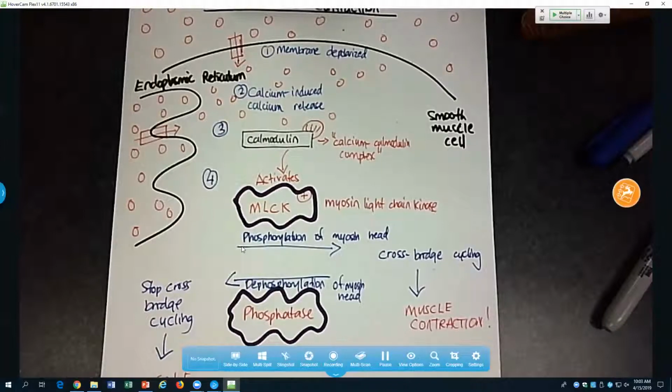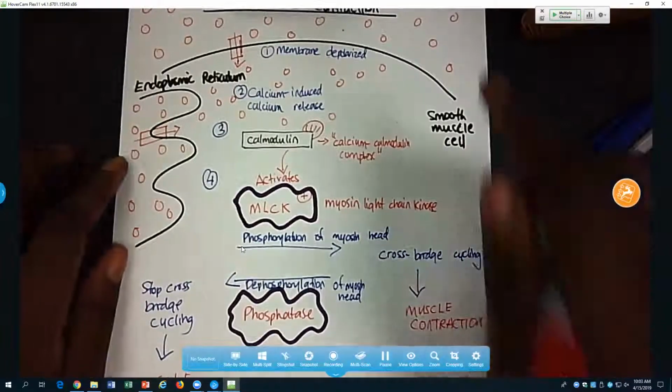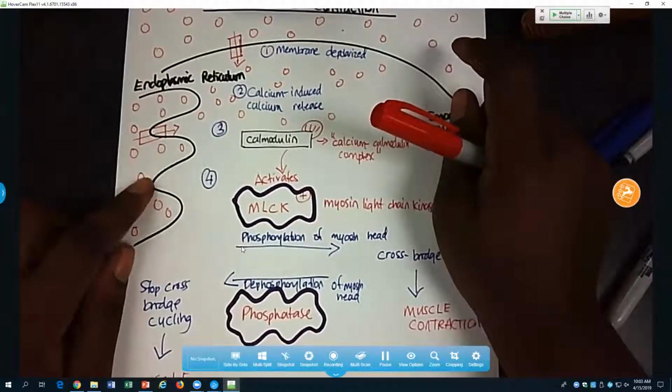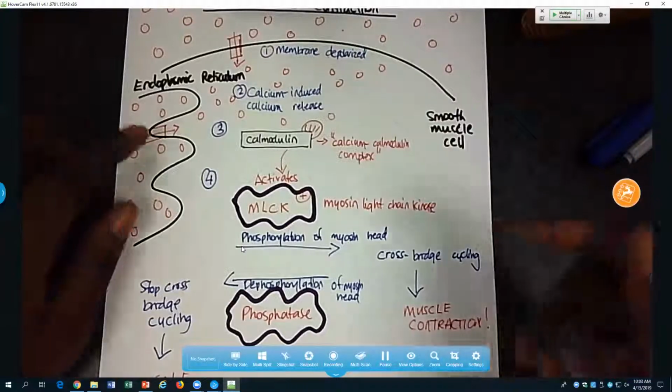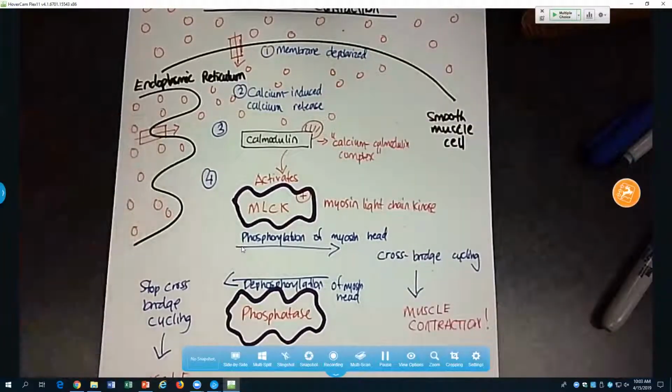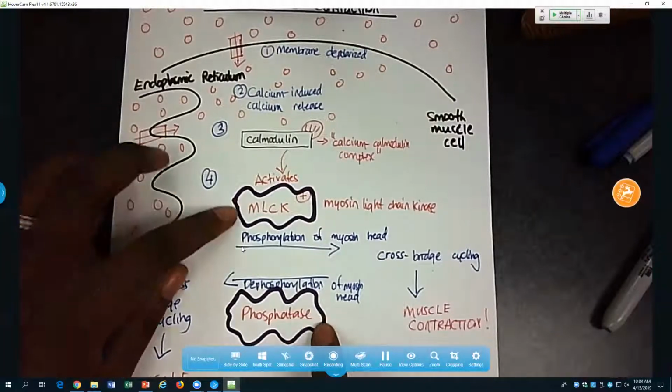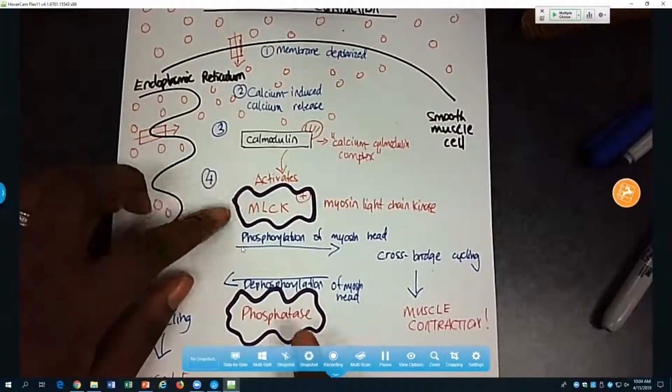SR. The SR, good. So the sarcoplasmic reticulum. In the case of smooth muscle, calcium is not only coming from the ER, right, which is the same structure for smooth muscle, but it's also coming from the extracellular fluid. All right, so that's one important difference. The other difference is we have this regulation by these two enzymes.